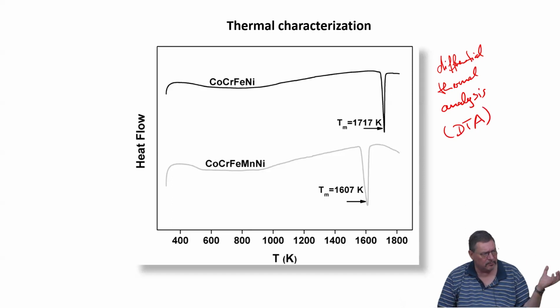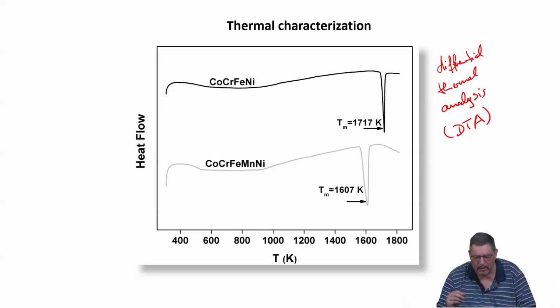So you take a sample into a crucible, you have a reference crucible, you put it in a furnace, heat up, and any transformation in the sample will cause an asymmetry in the temperature field inside. So a temperature difference will occur between reference site and sample site, and this is picked up here as a signal.